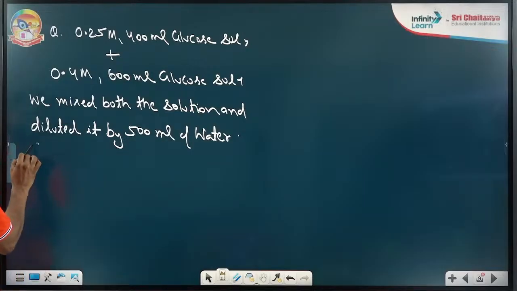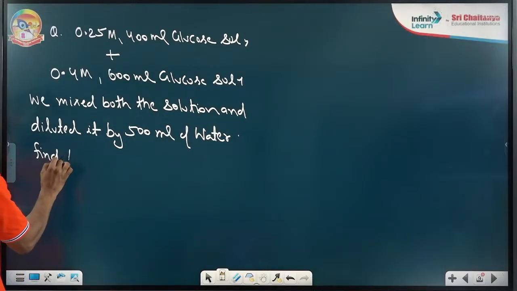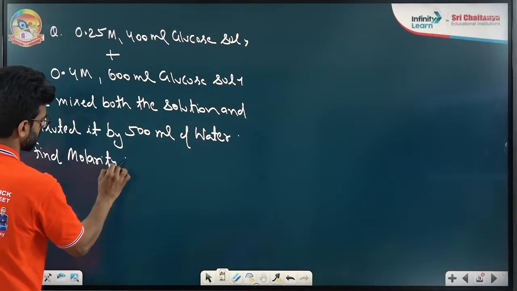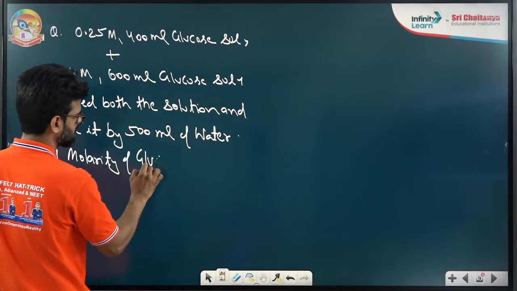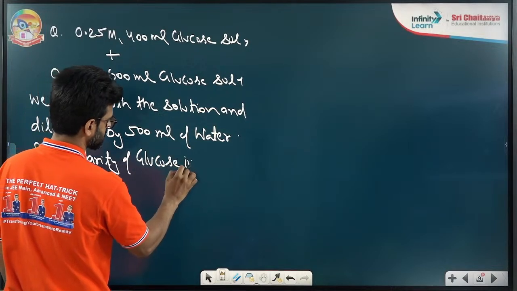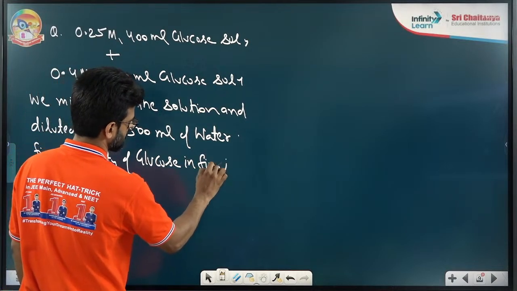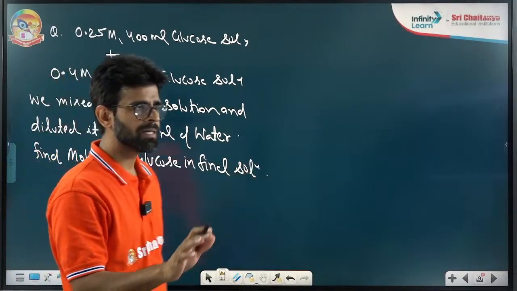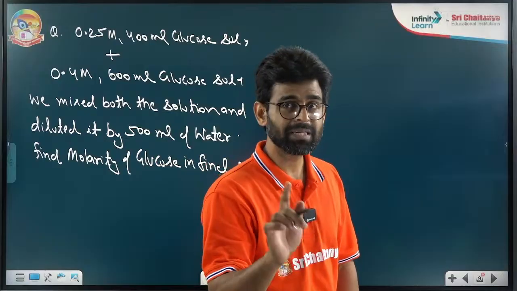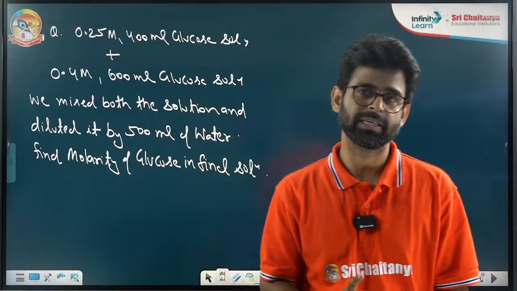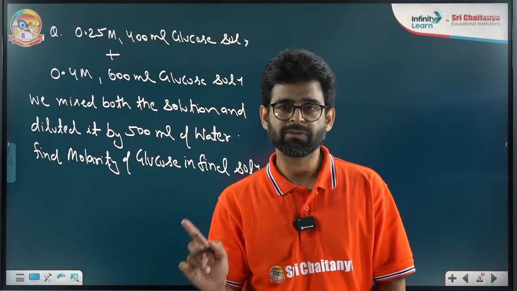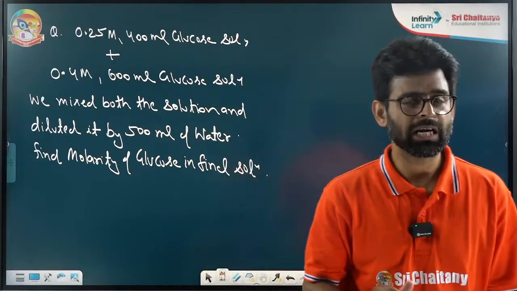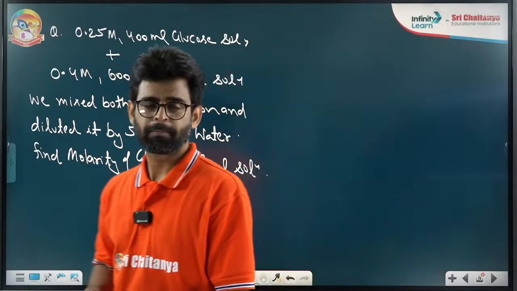The question is very simple: find the molarity of glucose in the final solution. In this, we can apply M1V1 plus M2V2 equals M3V3, but be careful, V3 is something different. V3 is not just V1 plus V2, it is V1 plus V2 plus V water, because they are also doing dilution here.